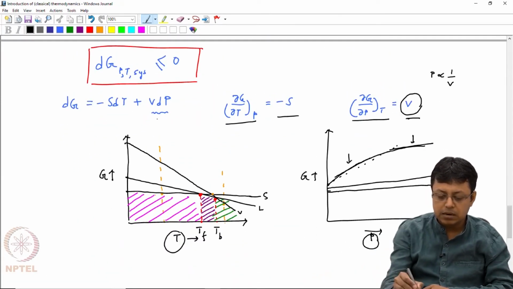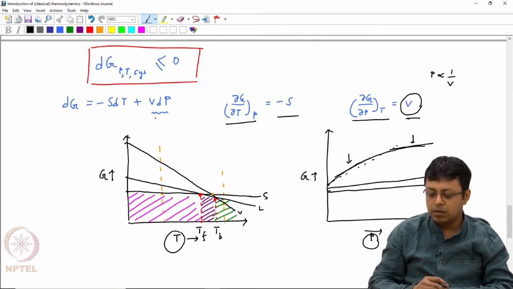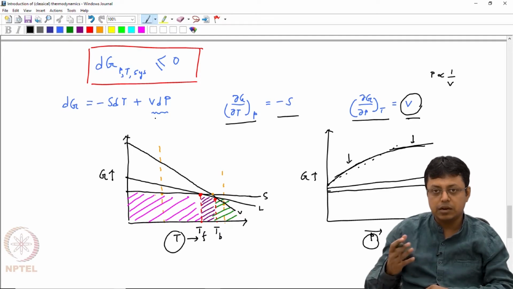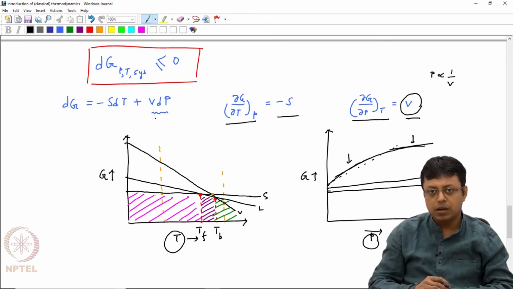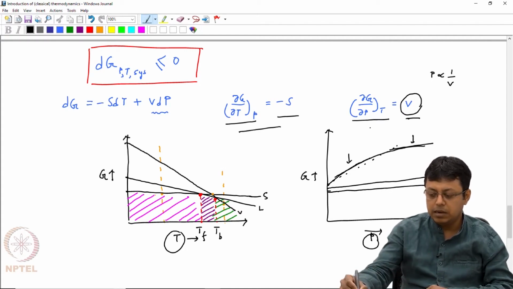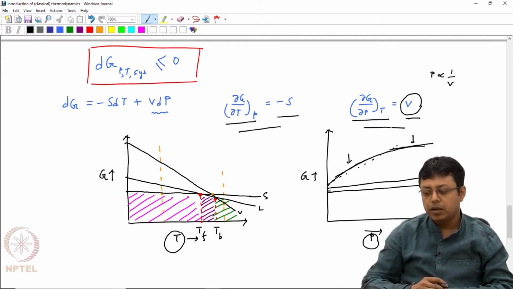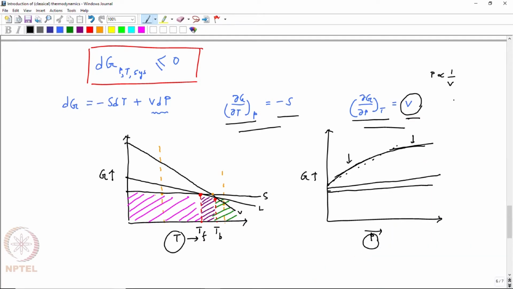So if I want to, we'll come to that full equation, but before that, let's say if I just change the pressure keeping the temperature constant, that we already discussed. But here if you see, if I change the pressure keeping the temperature same, that is nothing but equal to volume. So if I were talking about the change in chemical potential with respect to pressure keeping the temperature constant, chemical potential is nothing but the Gibbs free energy per unit mole.